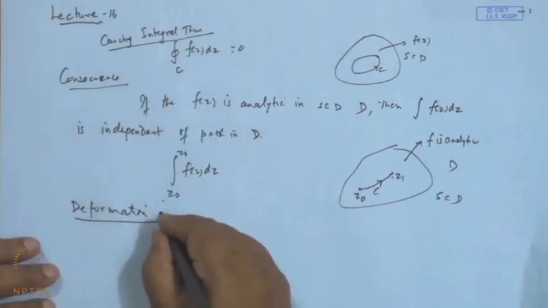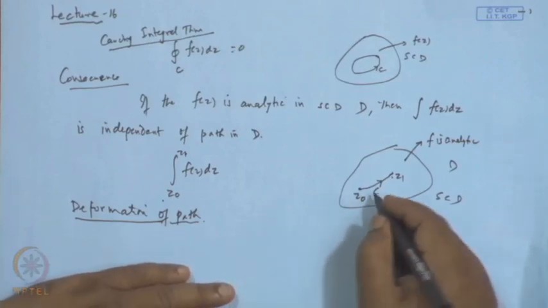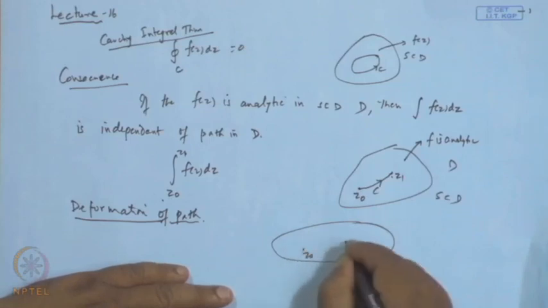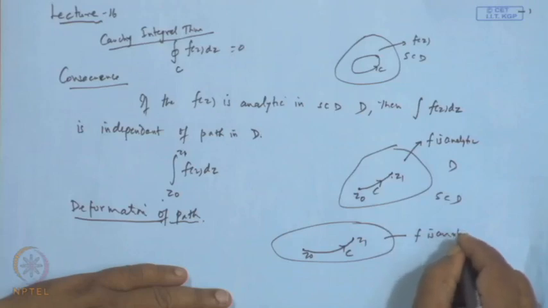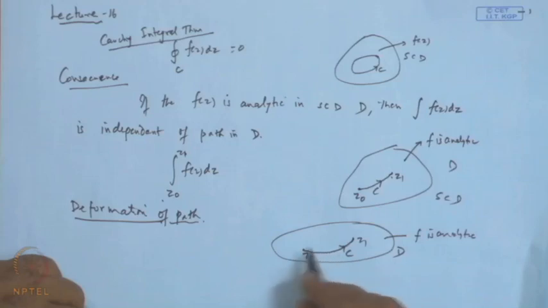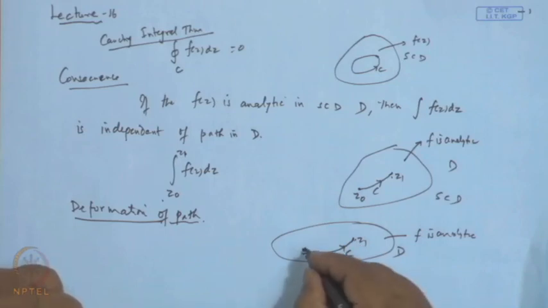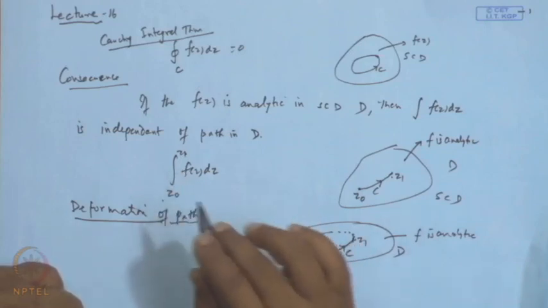By deformation of path we mean: suppose we have this curve, with z0 and z1 as the 2 points, and this is the path of integration C. Since the function f is analytic inside this domain D, which is a simply connected domain, the value of the integral of f(z) will depend only on the points z0 and z1, independent of the path. It means that if we take any other path joining z0 to z1, the value of the line integral will not change.